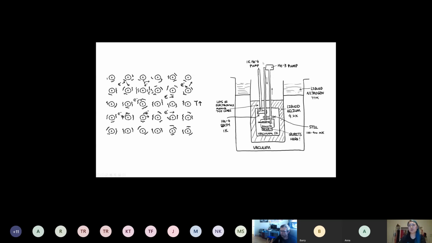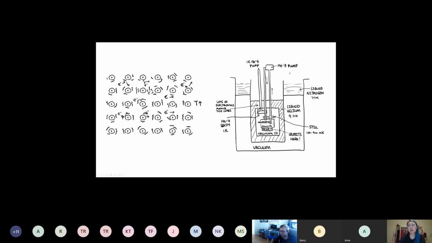This is a cartoon showing how the setup looks when you immerse the electronics into liquid helium and nitrogen. And first, nitrogen is at a temperature of 77 K, liquid nitrogen naturally.